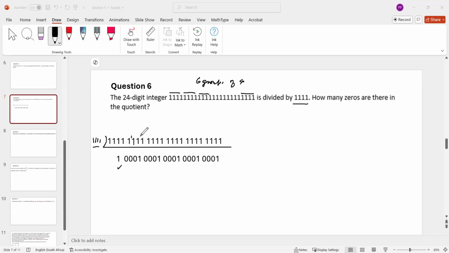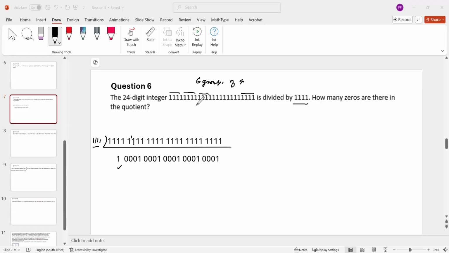Yeah, until you come to this last one, 1111 goes into this one time. So it doesn't go into 1, it doesn't go into 11, it doesn't go into 111, but it goes into this one time. So you can do the same thing with each as you go on, and then you got 0001, 0001, 0001 like this.